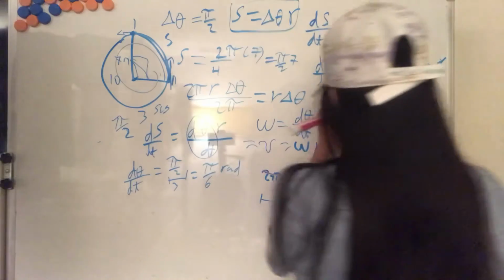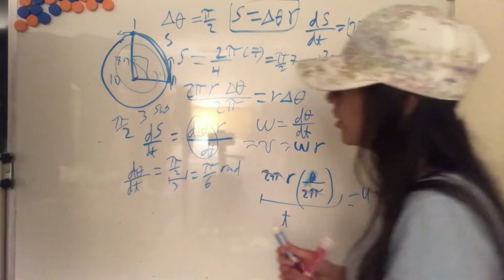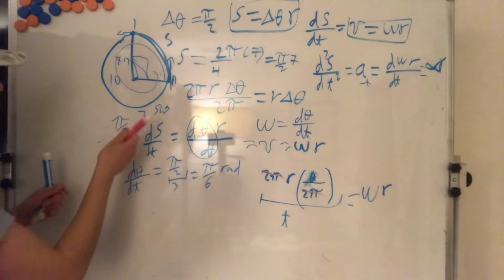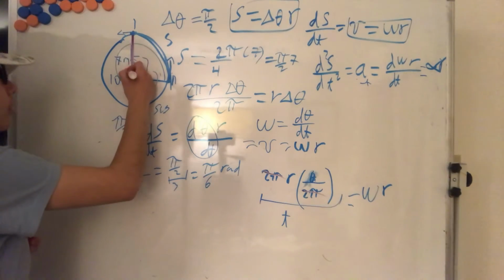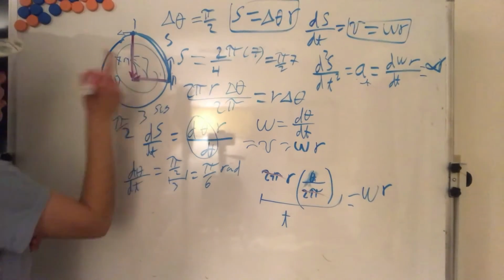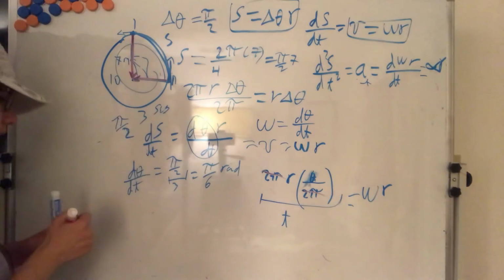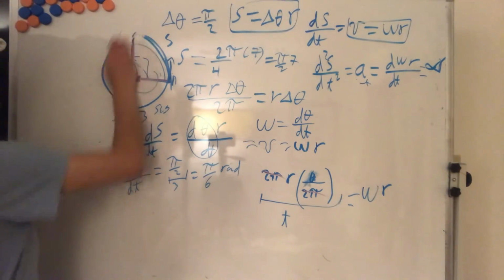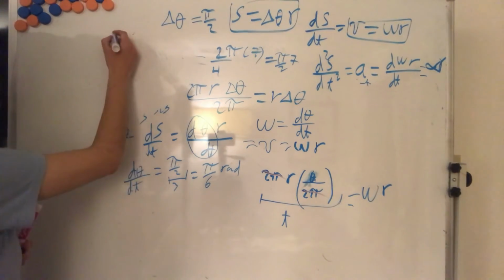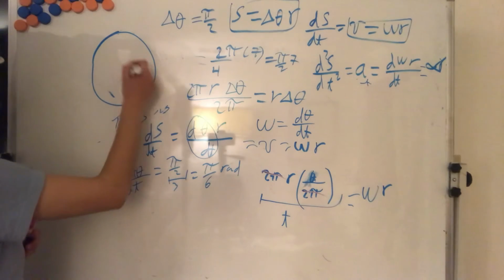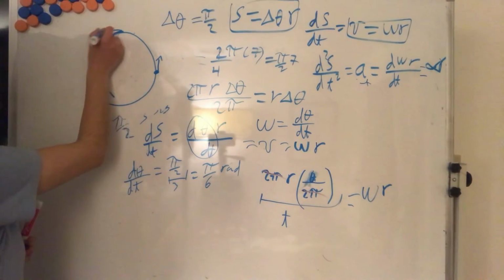Now, there is also another acceleration, that is the centripetal acceleration, and that is the acceleration of the force that is pulling the particle towards the center. So this is the centripetal acceleration, and it's always perpendicular to the tangential acceleration. There is also something that we need to say about acceleration.